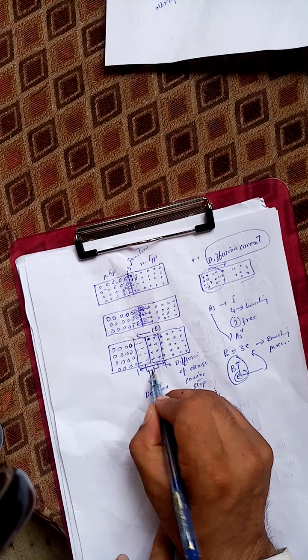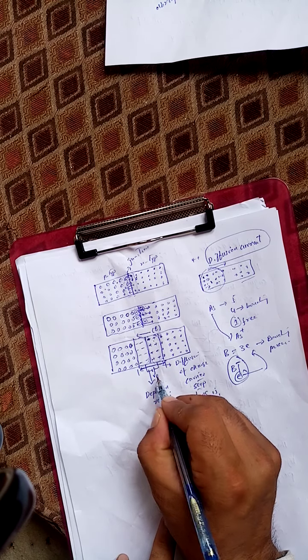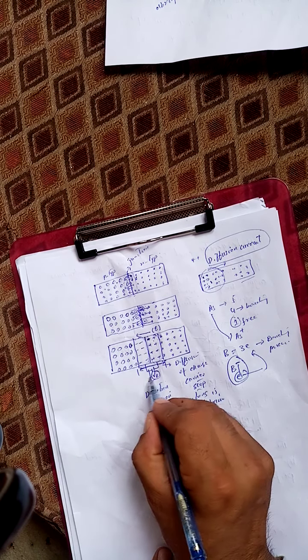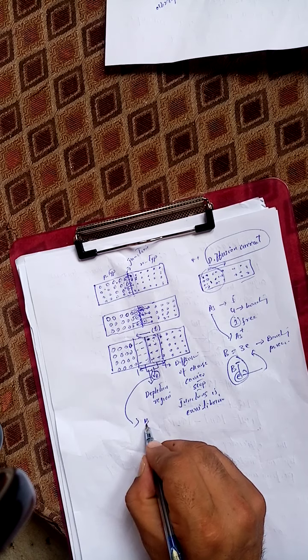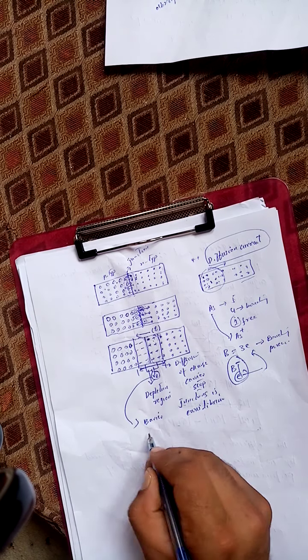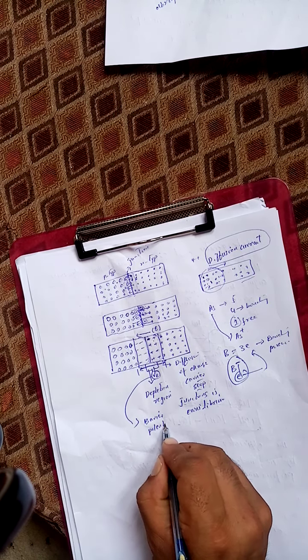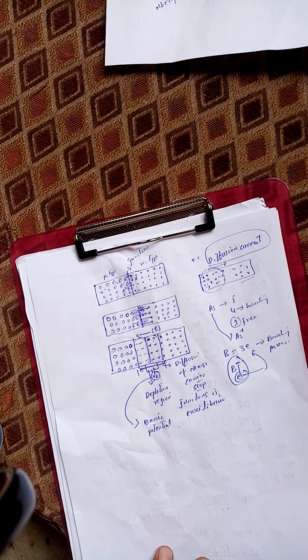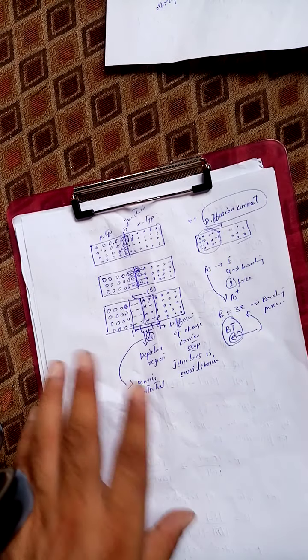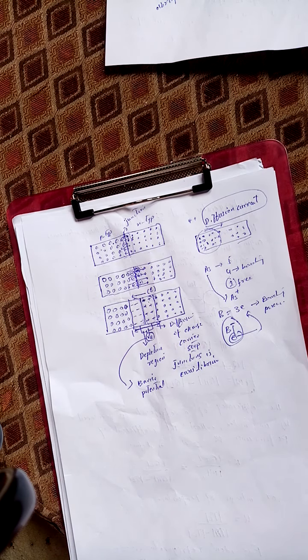This side becomes positive, this side becomes negative, so that potential is called barrier potential. This is all about the p-n junction.